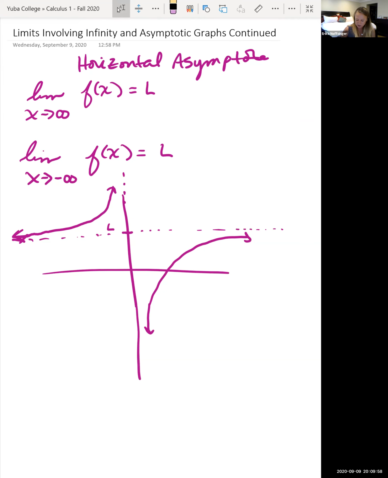And so also we talked about vertical asymptotes. In this case, this is occurring where the limit as x is approaching some value. In this case, this is the y-axis. So as x is approaching 0 from the left of f of x, notice that this graph is shooting up to positive infinity.